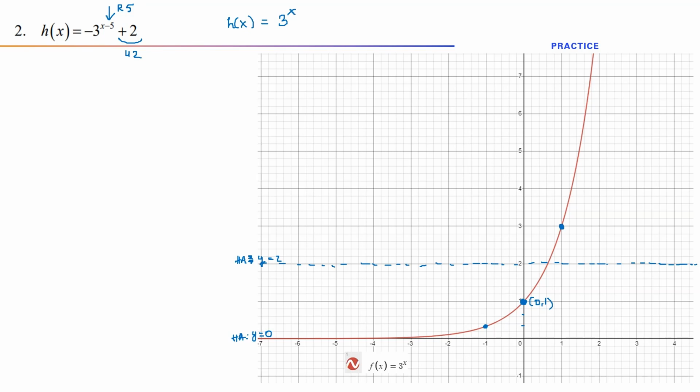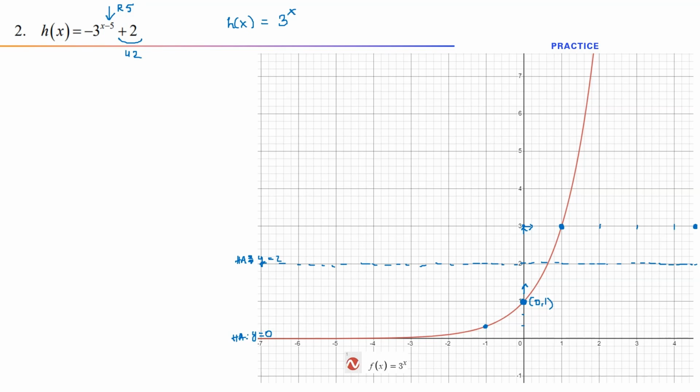Now we move up 2 units. So (1, 2). Then we move to the right 5 units: 1, 2, 3, 4, and 5. Maybe right here. Okay, that is 1 point.